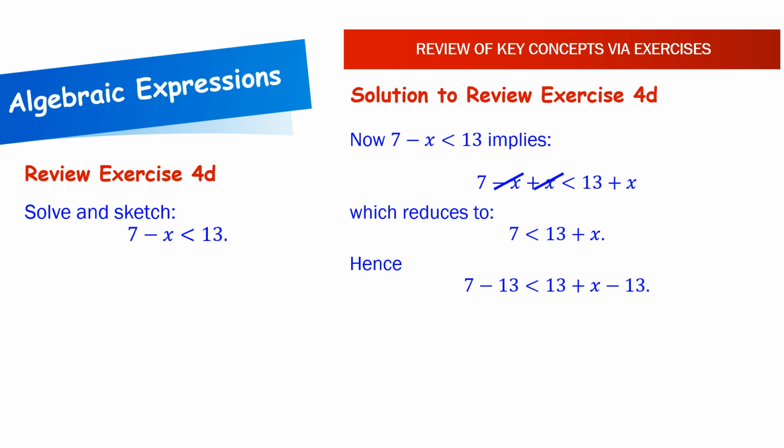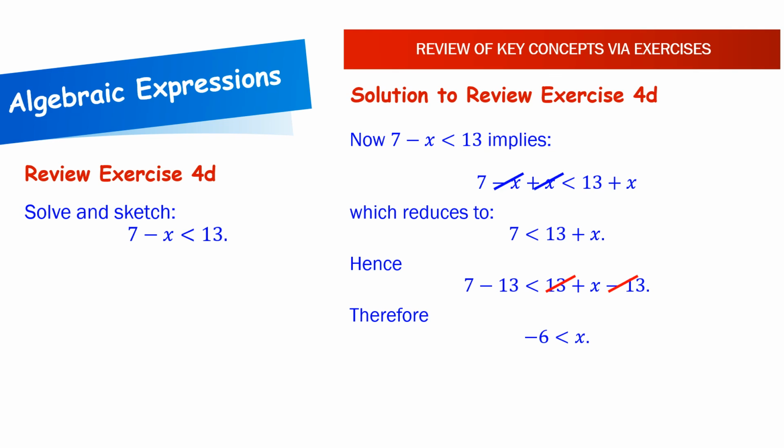And then subtracting 13 from both sides in order to have the x's on one side and the constants on the other gives us minus 6 is less than x once we've tidied up. So 7 minus 13 gives us the minus 6.